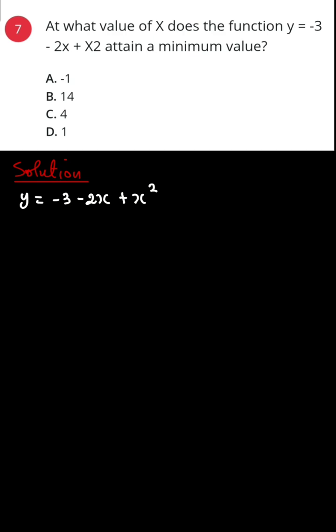First, you find the turning point. If you have 2 points, then you test to know the minimum and the maximum. But in this case, you don't need to find 2 points because you're going to find just 1 point. And it is a minimum because the coefficient of x squared here is positive. That is why they mention minimum. Then we're going to find dy by dx. Remember, we say it's equal to 0. That is how to find the turning point.